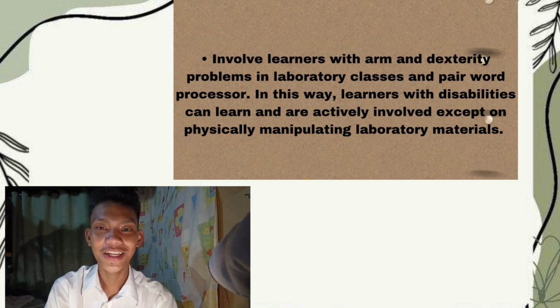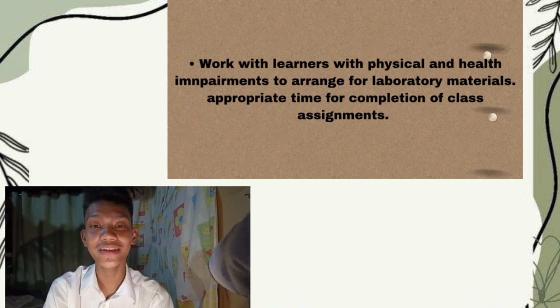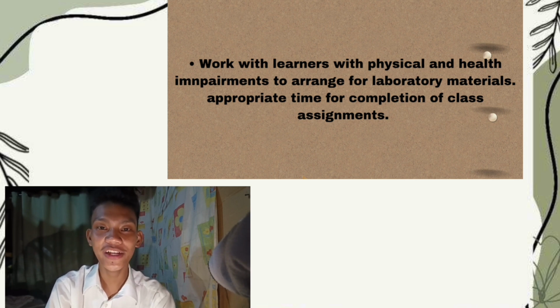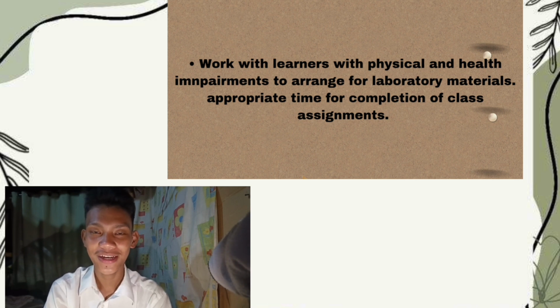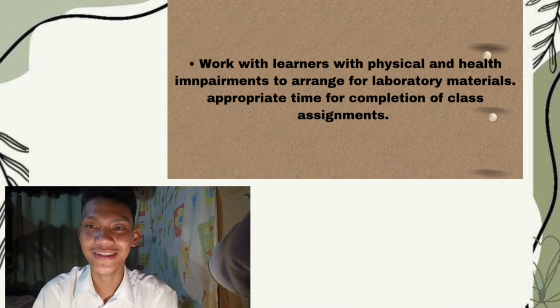In this way, learners with disabilities can learn and are actively involved except in physically manipulating laboratory materials. And finally, we have to work with learners with physical and health impairments to arrange for laboratory materials and appropriate time for completion of class assignments.